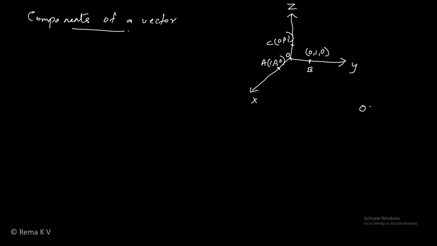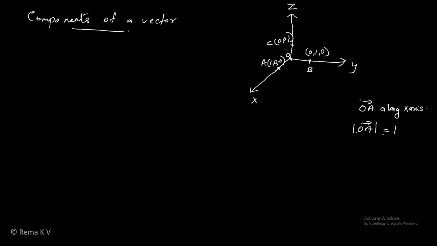Here OA is a vector along the x-axis, and the magnitude of OA, which is represented by modulus OA, is 1. See, since this point A is 1, 0, 0, the distance from the origin is 1 here. So the magnitude of OA is 1 unit.